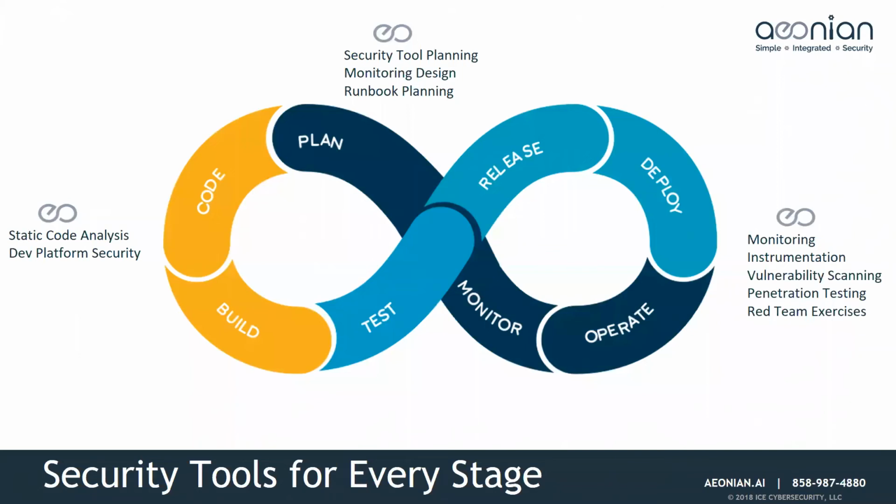The one part that we didn't talk about much yet is the design and how you plan the runbook for the application. This is something that security teams need, is understanding how the application is supposed to run. Also understanding what happens when it goes wrong. This isn't your disaster recovery planning.